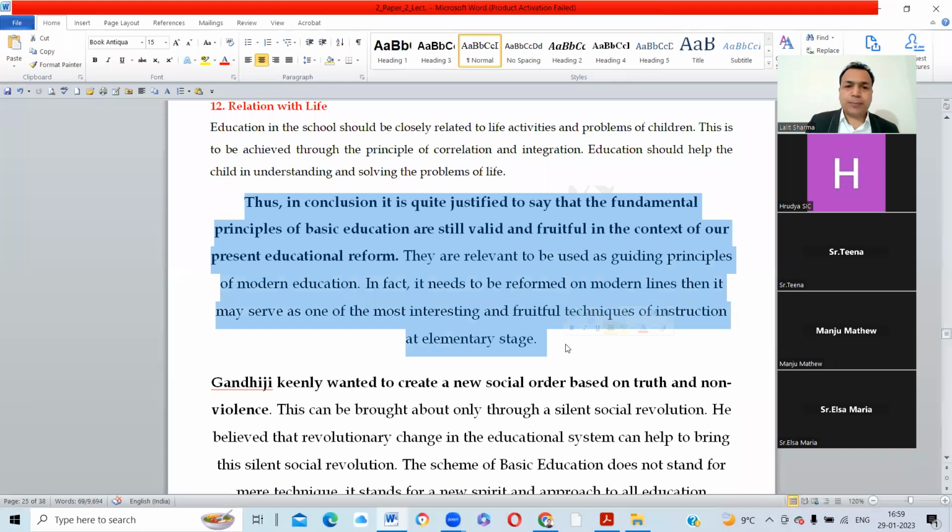Thus in conclusion, we can say that it is quite justified to say that the fundamental principles of basic education or the Wardha scheme of education are still valid and fruitful in the context of our present educational reform. They are relevant to be used as guiding principles of modern education. In fact, it needs to be reformed for modern times, then it may serve as one of the most interesting and fruitful techniques of instruction at the elementary stage.